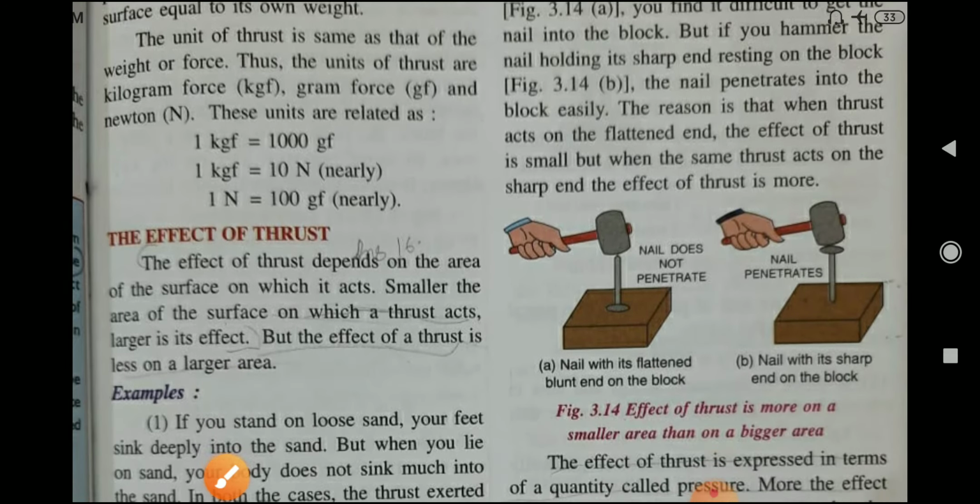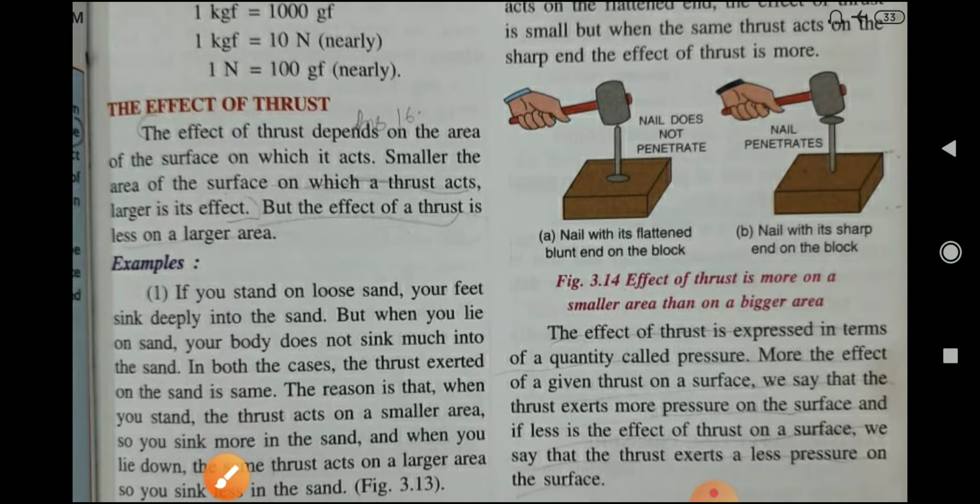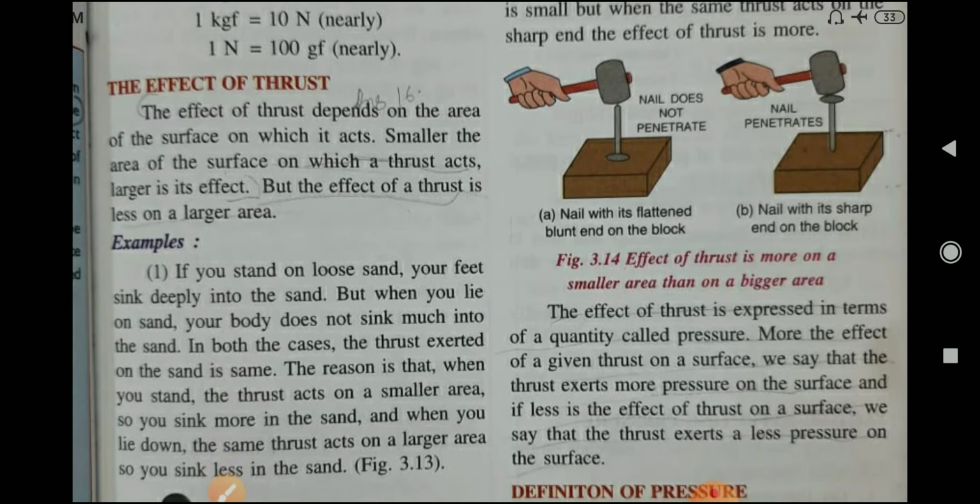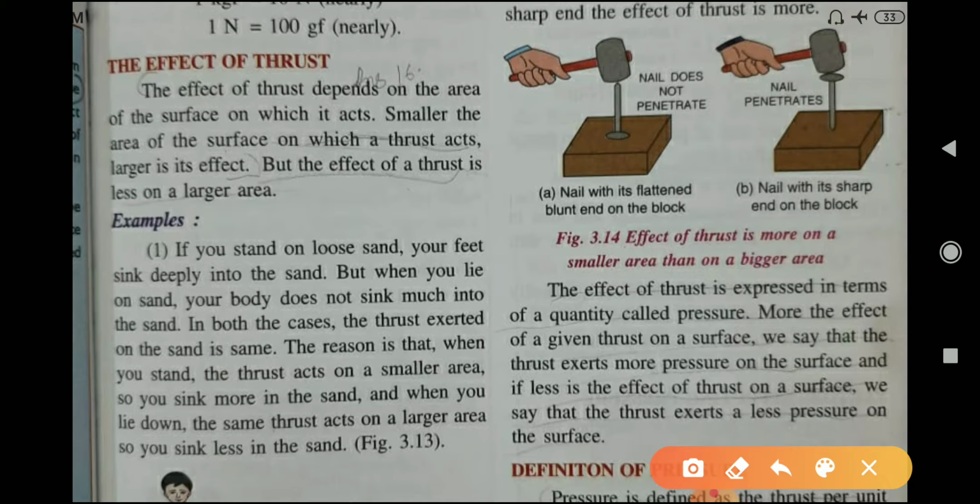Then the effect of thrust. What are the effects of thrust? Means when a thrust is applied on a surface, what is its effect? The effect of thrust depends on the area of the surface on which it acts. The smaller the area of the surface on which the thrust acts, the larger is its effect.